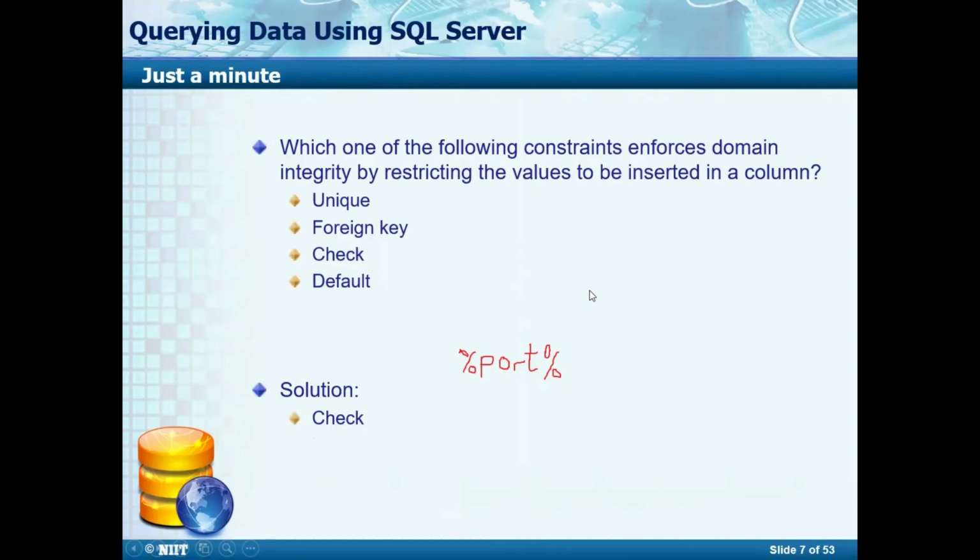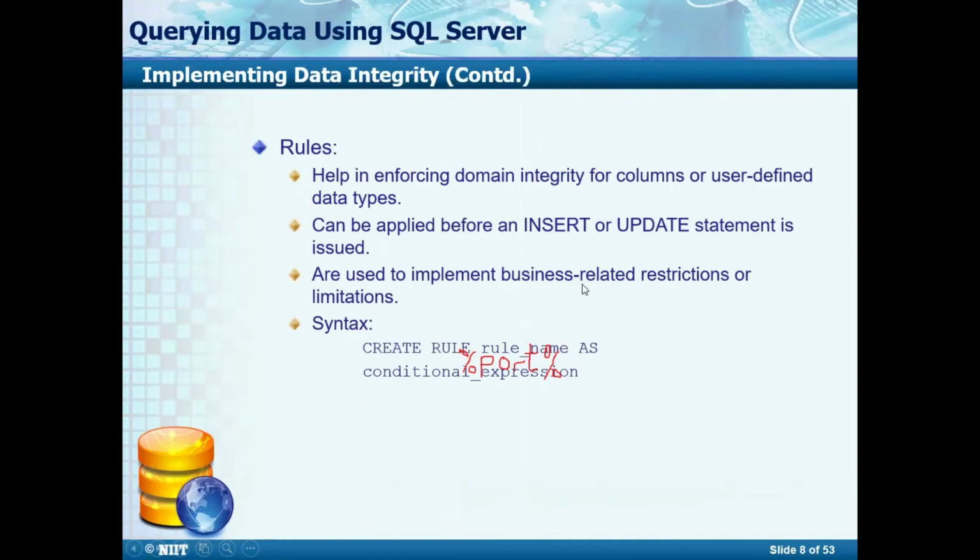So, check is the answer. Now, rules. Rules help us in enforcing domain integrity for columns or user-defined data types. They can be applied before an insert or update statement is issued.